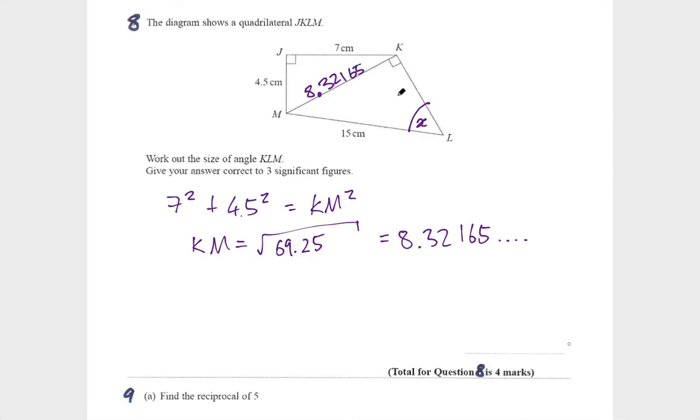I now have two sides of a right angled triangle. I've got the side that is opposite to the angle, and I've also got the hypotenuse. So if I look at SOHCAHTOA, it's sine that I want to use, the one with the opposite and the hypotenuse. So sine of x equals the opposite side, the one that's in my calculator, over the hypotenuse, which is 15. So on my calculator I do that division.